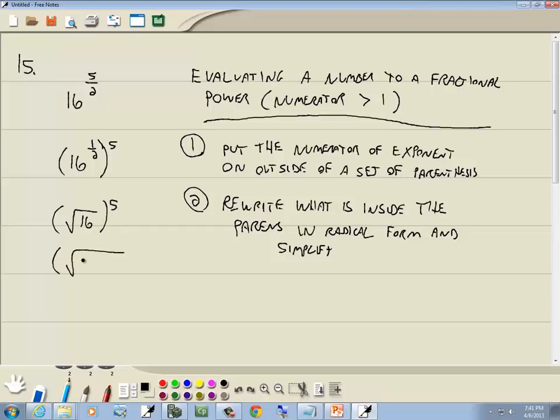Well, that's 4 times 4. And remember, with the square root, our index is 2, so we're looking for a pair of somethings. Here's a pair of 4s, so a pair of 4s is going to come out in front as a single 4. So we're going to end up with 4, and then the 5th power carries down. Now simplify even, not just the radical, but now you take this to the 5th power. 4 to the 5th power is 1024. And that's our answer.